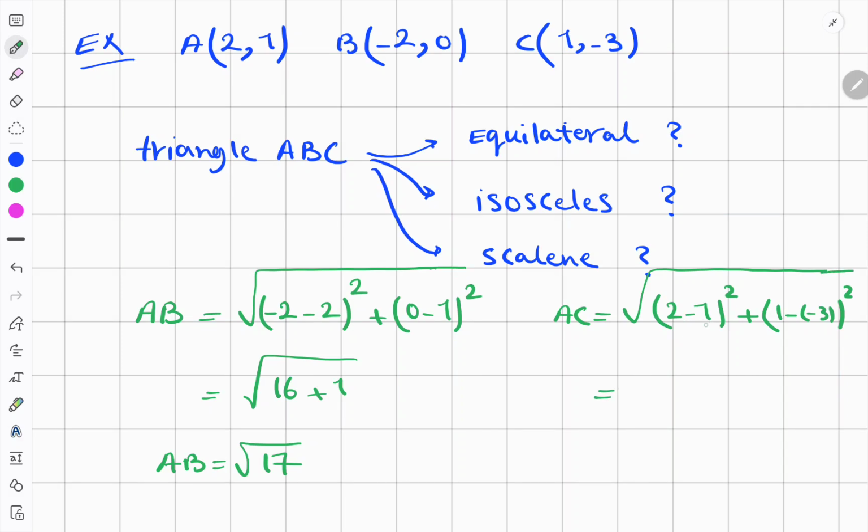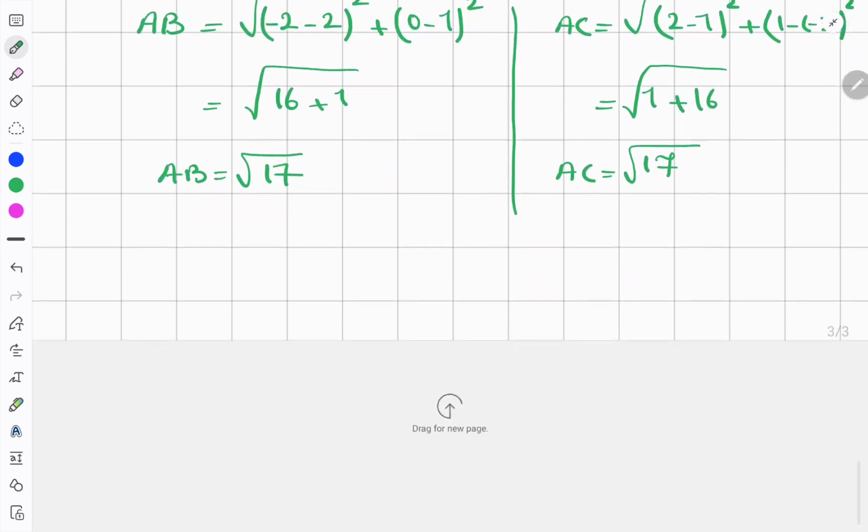Okay, 2 minus 1 is 1, 1 squared is 1, 1 plus 3 is 4, 4 squared is 16. So AC is the square root of 17. And how about the third side, which is BC?